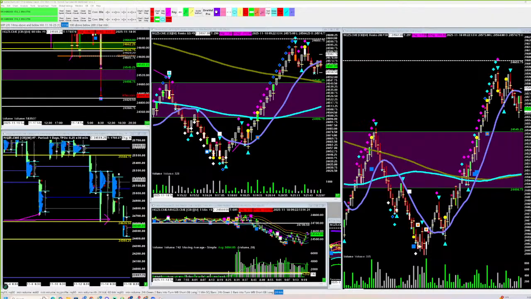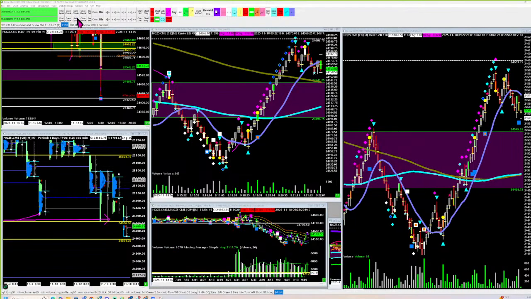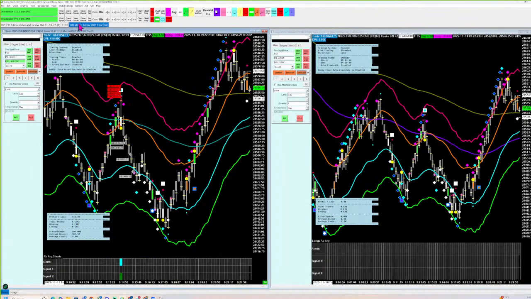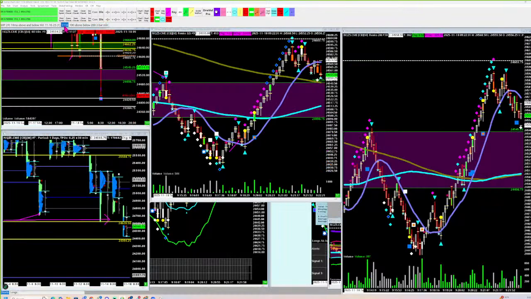Over the 100, over the 200. We have the trader through both. So longs will fire here. Okay.